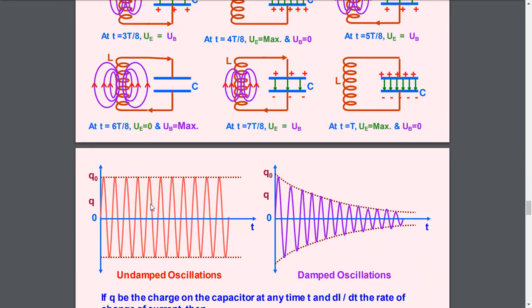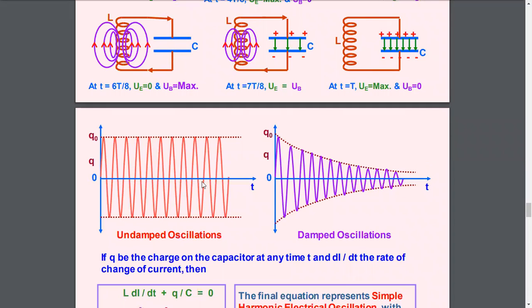This is the case of ideal oscillation. Here we have assumed that no dissipation of electrical energy is there across the LC circuit. That's why amplitude remains constant as time passes. But in actual practice, a real circuit consists of a certain amount of resistance across inductors, because the wire or coil of the inductor is made up of a material, and a material cannot have zero resistance.